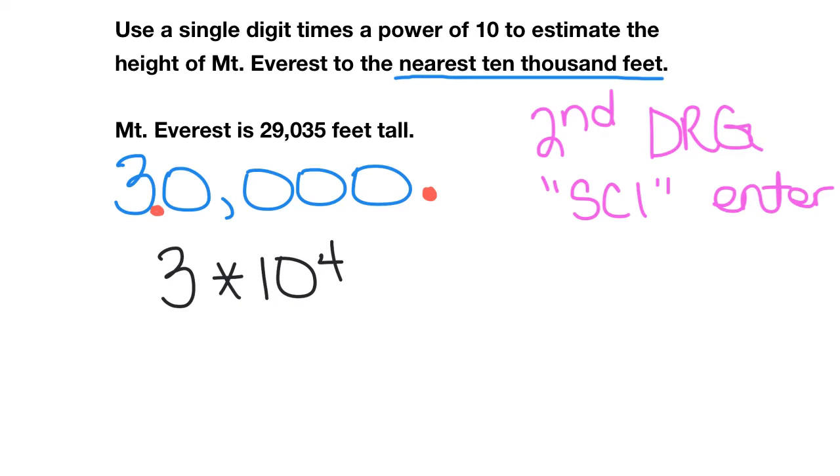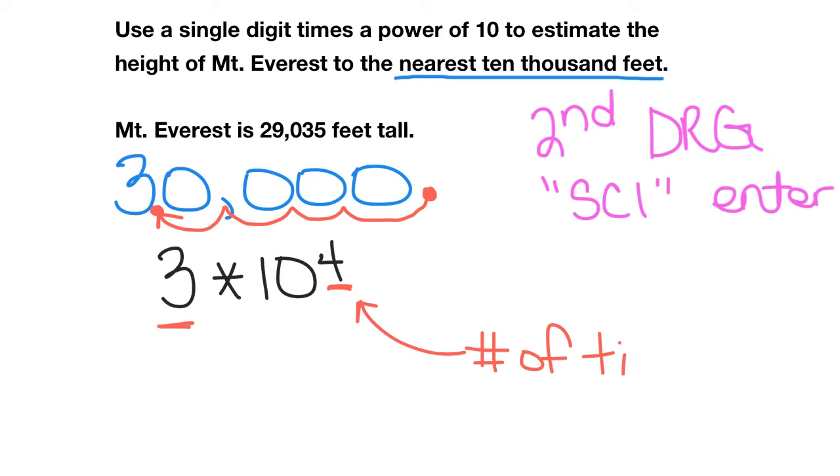That means we move the decimal 1, 2, 3, 4 times to the left, giving us 3 times 10 to the 4th power. The exponent is the number of times the decimal is moved.